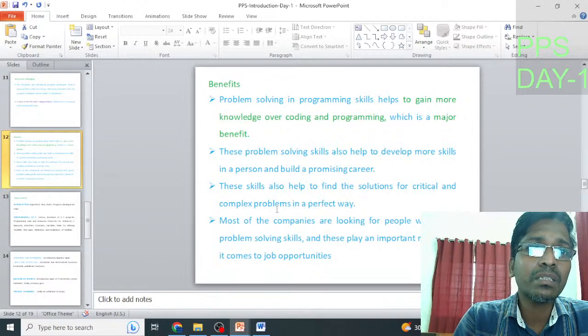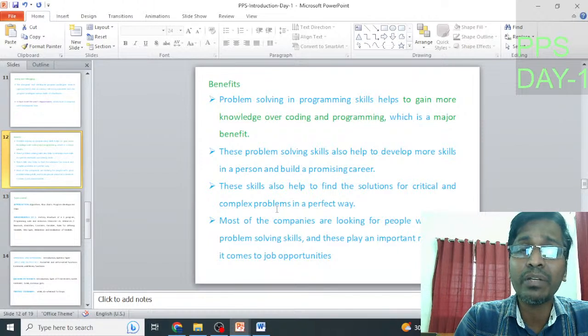And next, programming and coding skills help to find the solution for critical and complex problems in a perfect way. So if we know coding and programming languages, then we will find the solution for complex as well as critical problems in a perfect way.